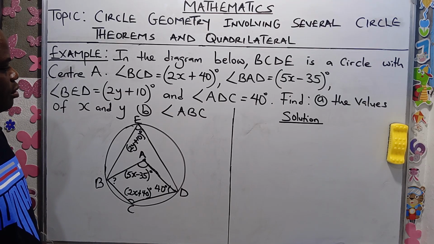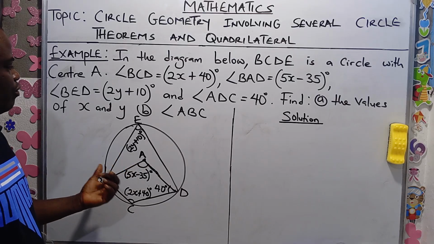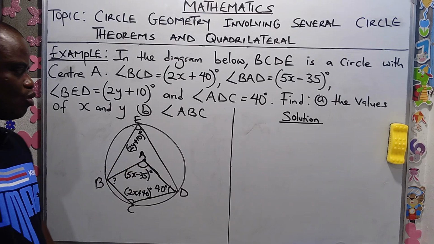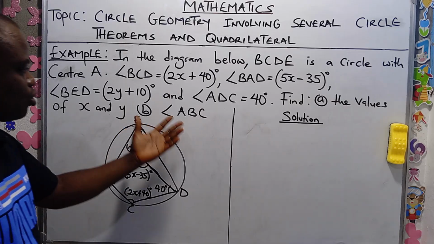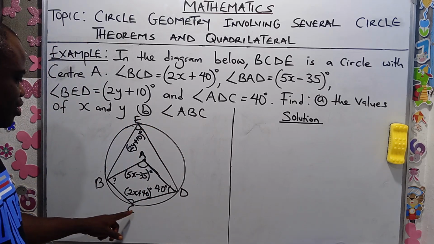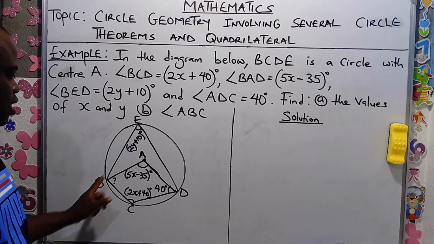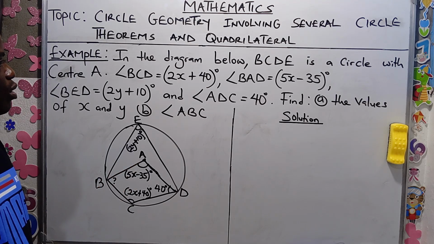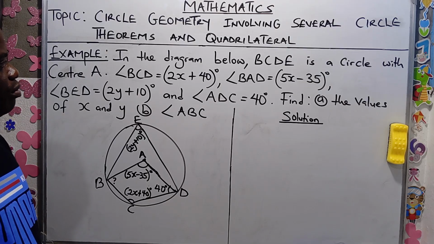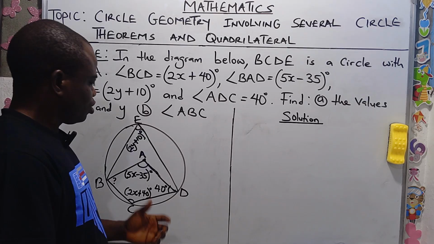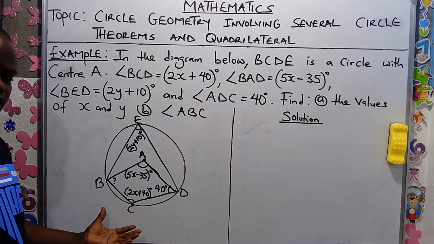Now, let's see. We have to look for the values of x, y, and also angles A, B, C. Where you have the question mark is the angle we are looking for. Now, what we need to do is to look at the question critically.